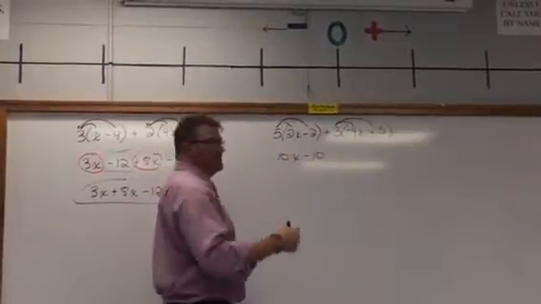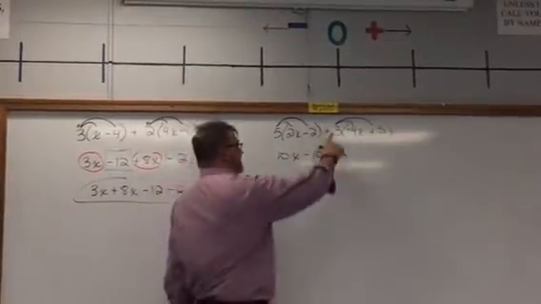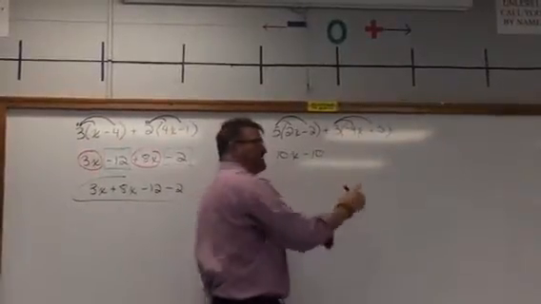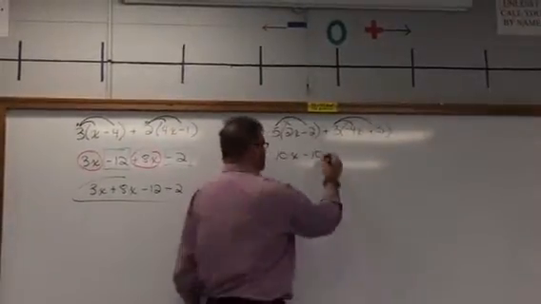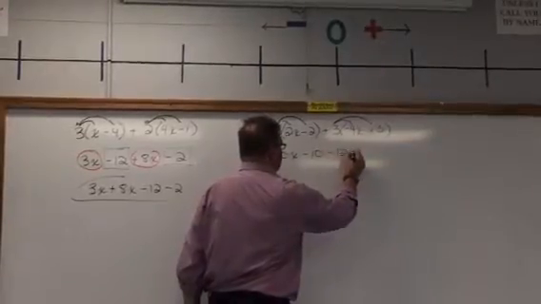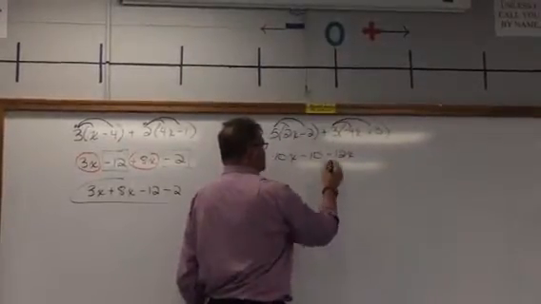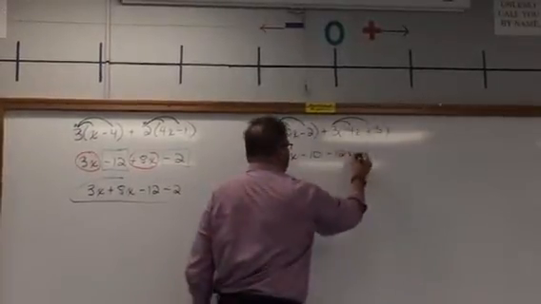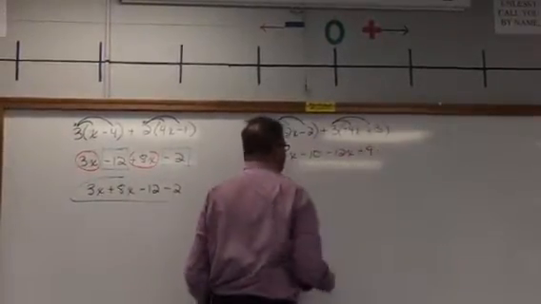And here's where I'm going to avoid that double sign. 3 times minus 4 is minus 12x. So I just put it as minus 12x instead of plus a negative 12, which I'd have to then change. 3 times 3 is 9.